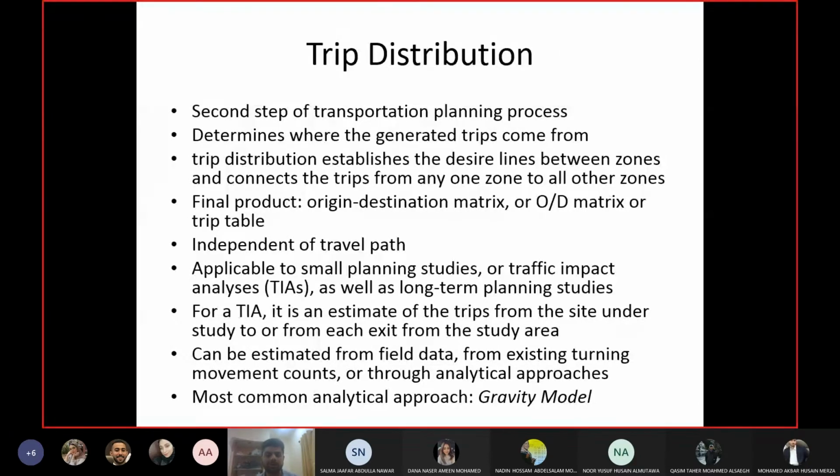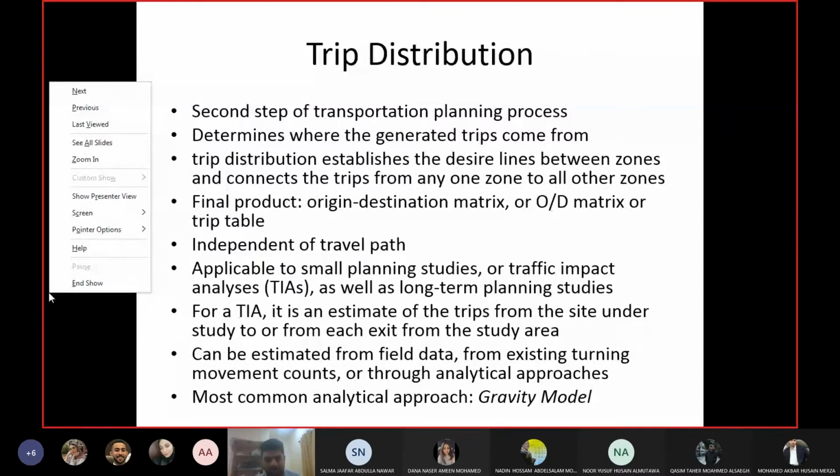You are calculating the number of trips coming in and going out to a particular zone from your facility. You can find out trip distribution from field data as well. You go to the field and count how many trips are coming from each zone to the other zone. If you have intersections, I will show you later on, you can find it out from the intersections as well.